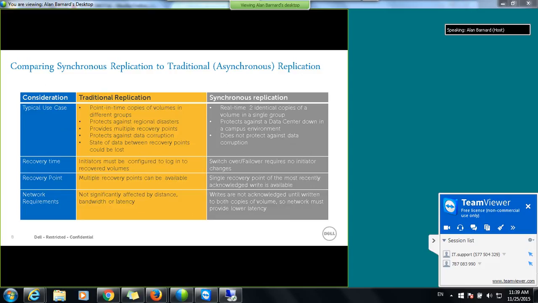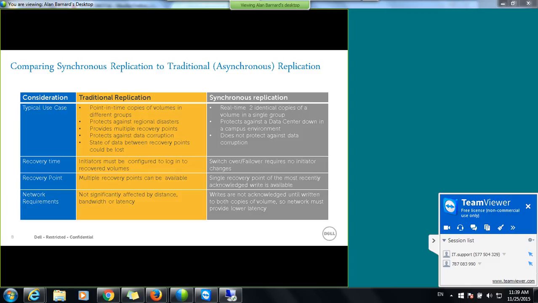This is the different business case where you want to implement traditional replication or synchronous replication. Traditional is point-in-time copies. So if you have a corruption on your primary, then you can restore to a previous point in time.